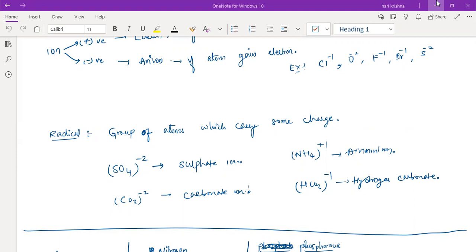Yeah, please mute yourself. Yeah, Raghav. What are the elements in group number 13? Yes, sir. It is boron, aluminium, gallium, indium, and thallium. What is the valency of group number 13?